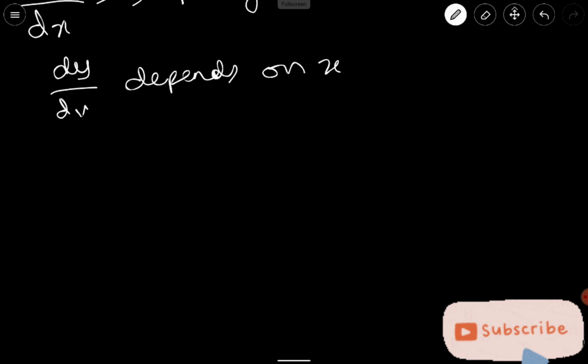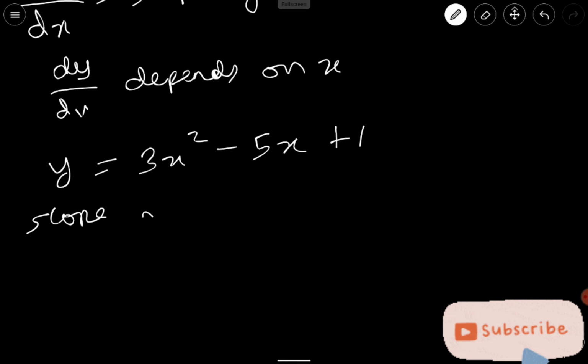We can solve one. Suppose we have y equals 3x square minus 5x plus 1. Here the slope dy dx will be equal to 6x minus 5.